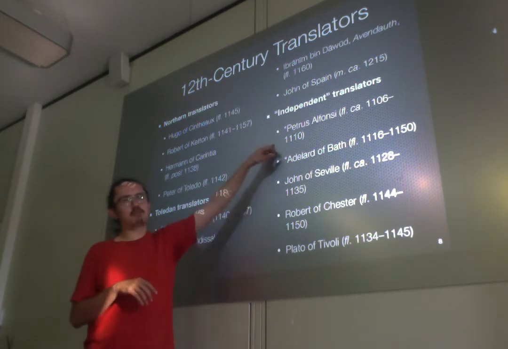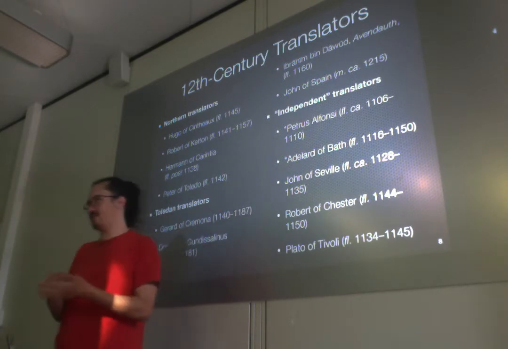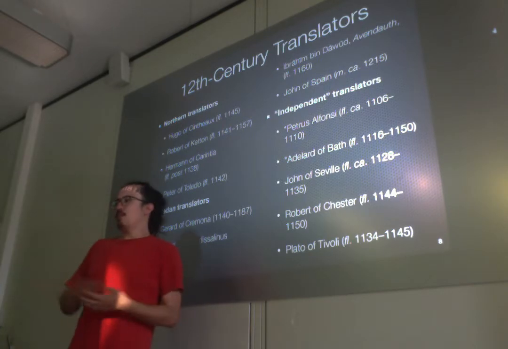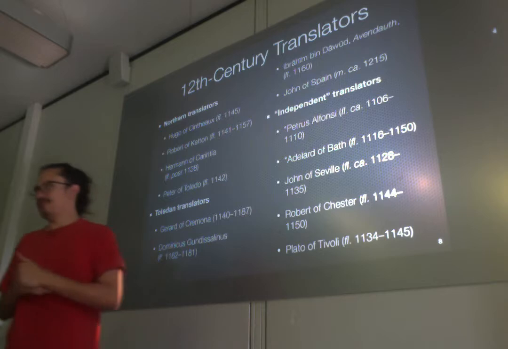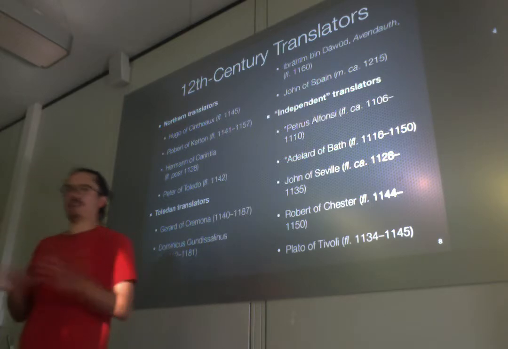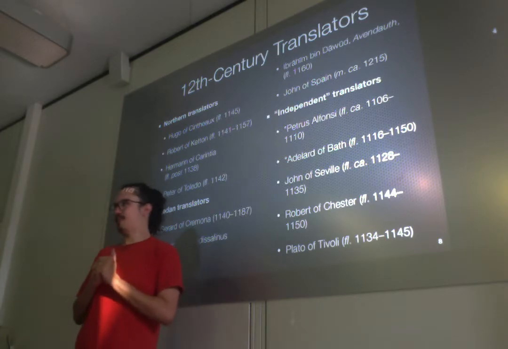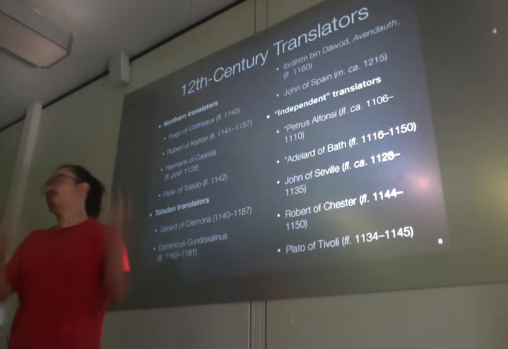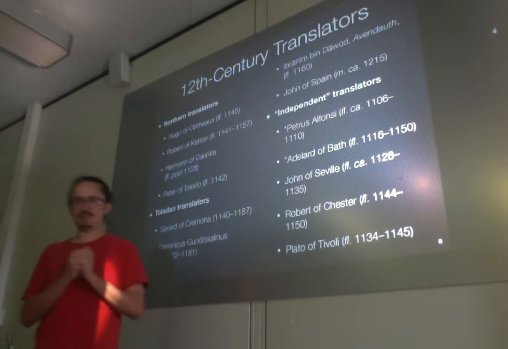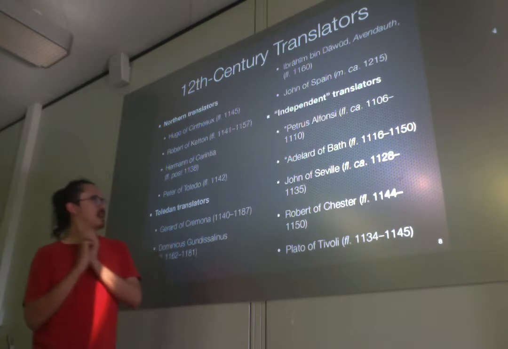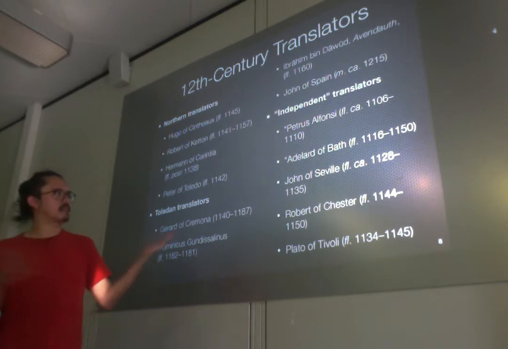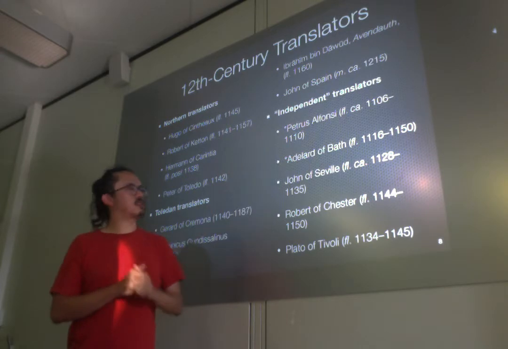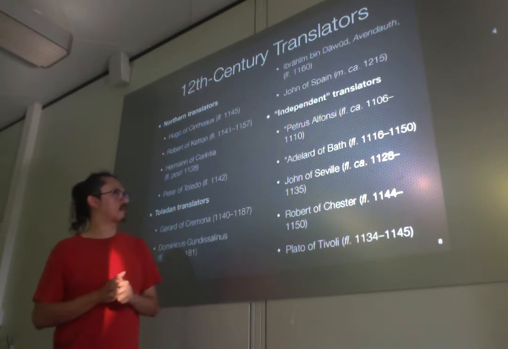Petrus Alfonsi writes this letter where he says that no philosopher in France knows anything about astrological and astronomical knowledge, so he will go there in order to teach them this knowledge. So he made these trips. He ended up in England, and he was the teacher of Adelard of Bath.